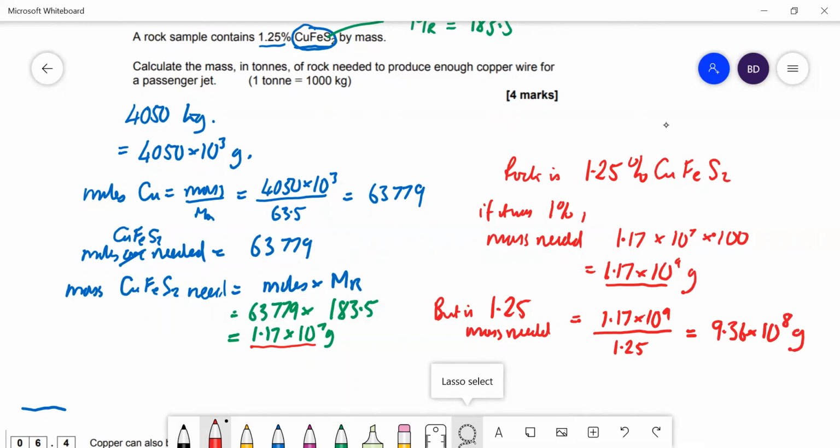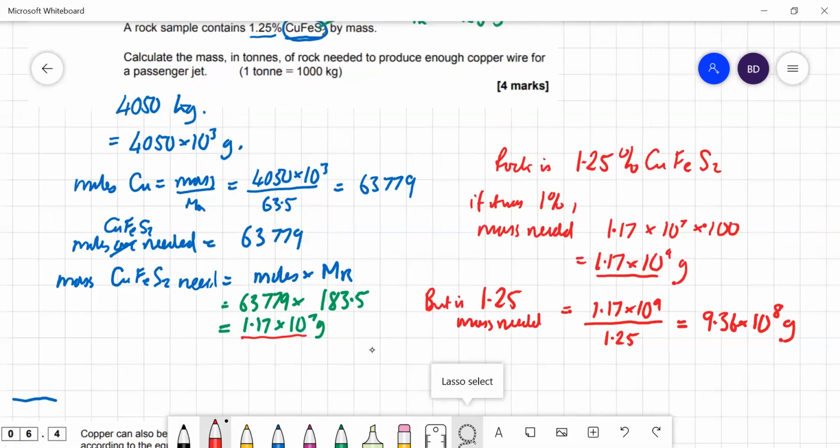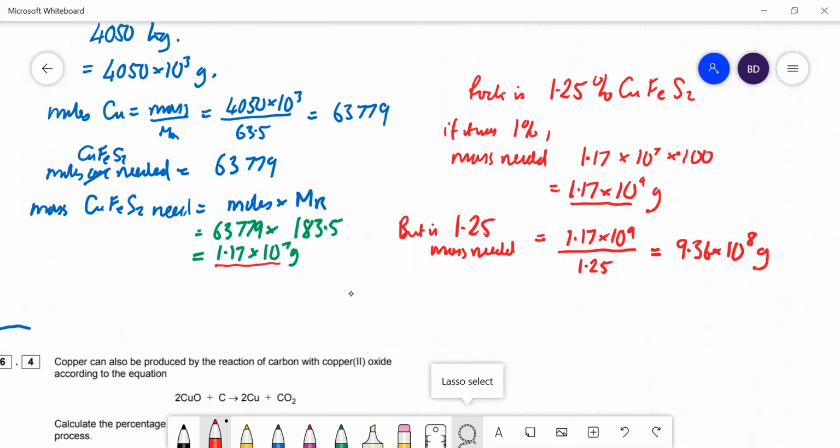We need to work that out into tons. Okay, so first of all, let's work that out into kilograms. So divide by 1,000, that's going to be 9.36 times 10 to the 5 kilograms. And then divide by 1,000 again to give us tons.